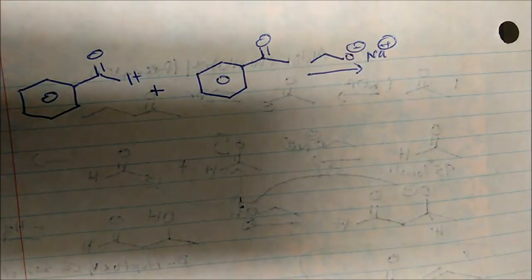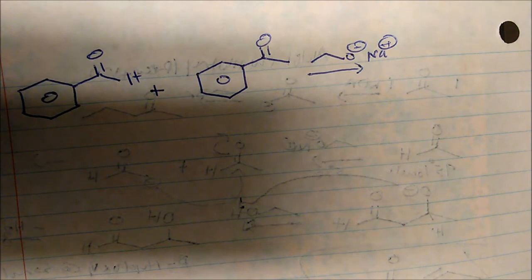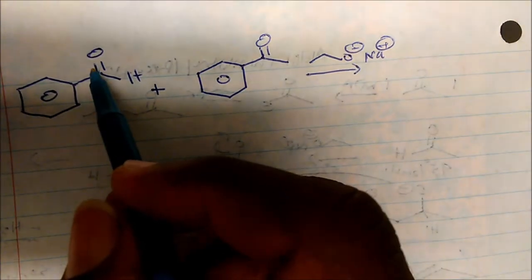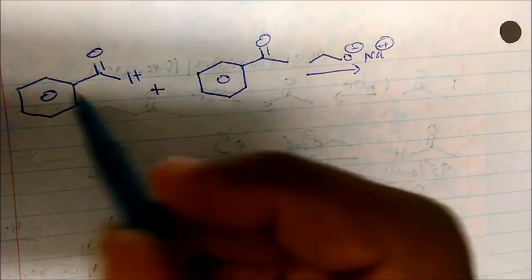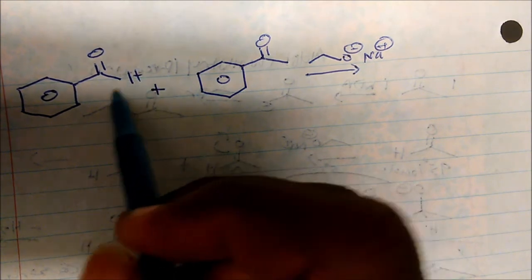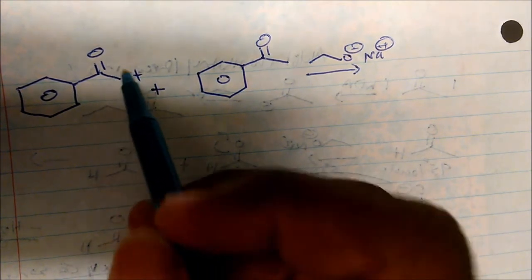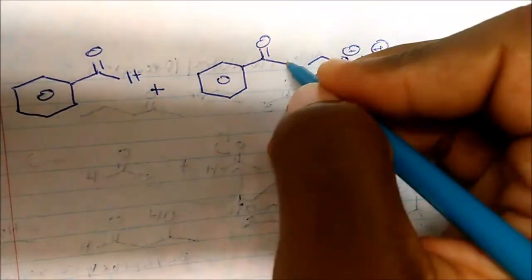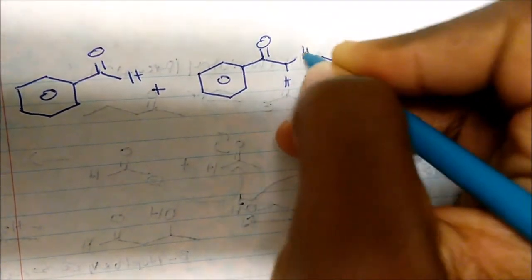what would happen? Well, remember, we always look for alpha carbon deprotonation. Okay, so where's my alpha carbon? Well, it can't be on benzaldehyde. Benzaldehyde has no alpha carbons. There's no hydrogens here, and there has to be a carbon that contains the alpha hydrogen. So the only alpha hydrogens are here.